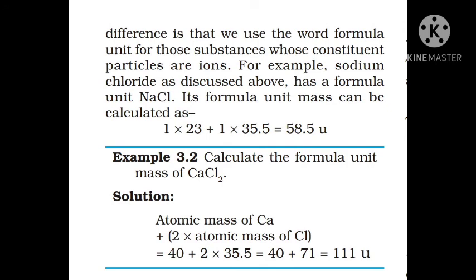Second example, calculate the formula unit mass of CaCl2. Solution: atomic mass of Ca plus 2 into atomic mass of Cl, which is equal to 40 plus 2 into 35.5 is equal to 40 plus 71 is equal to 111 u.